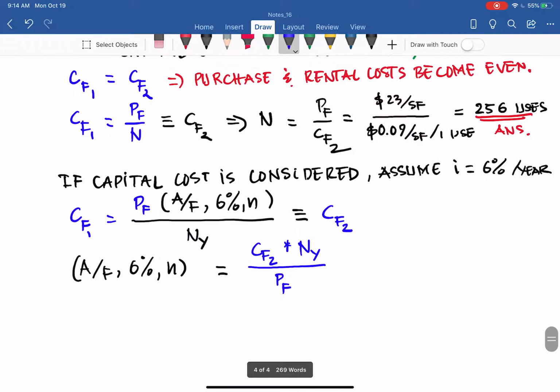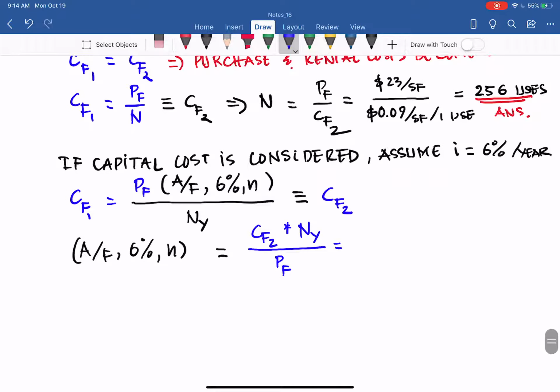Everything is already known, so let's plug in. CF2 is given, 0.09 per square foot per one use, times NY, 120 uses per year, divided by PF, 23 per square foot.